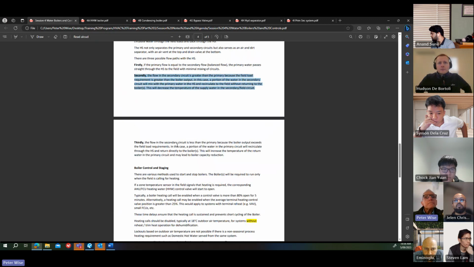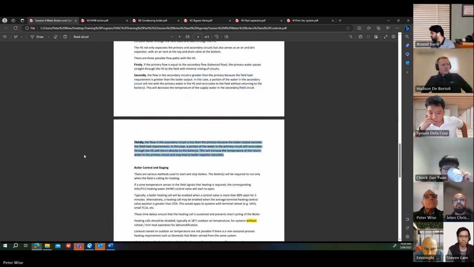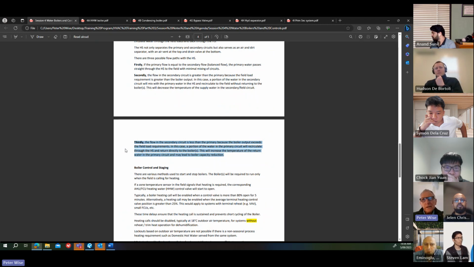And thirdly, the flow in the secondary circuit is less than the primary because the boiler output exceeds the field load requirements. So the control valves in the field are starting to close down. The boiler hasn't compensated for that yet, so it's providing more water than is actually required in the secondary circuit.